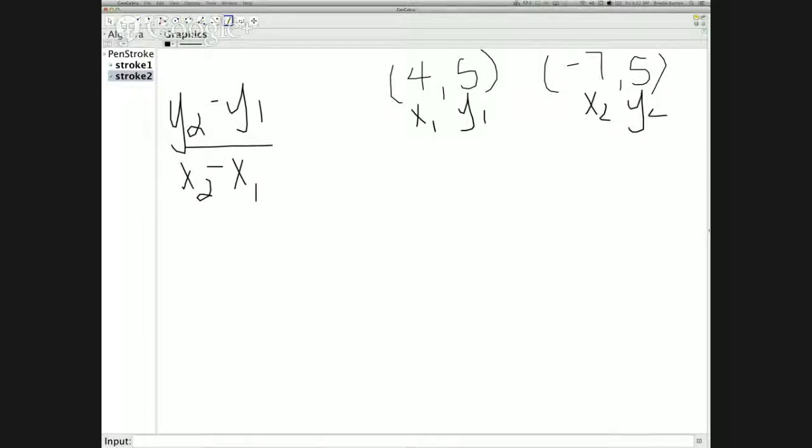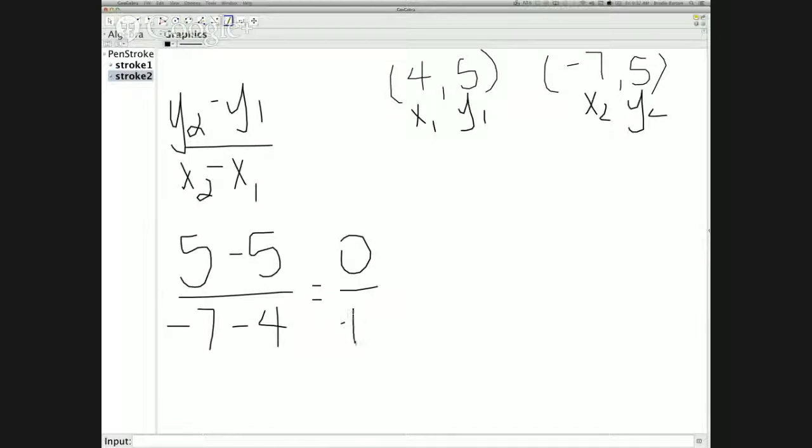So I put in 5 minus 5 over -7 minus 4. And that's going to be 0 over -11, which is just 0. So again, I have a slope of 0, so y equals 0x plus b.